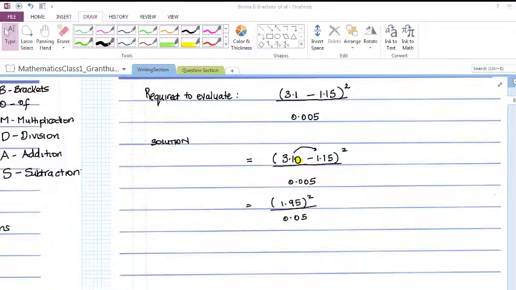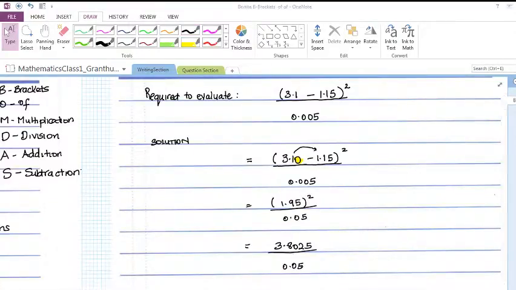So 1.95 squared is 3.8025. So this becomes 3.8025 divided by 0.05. Of course, go to your calculator now.